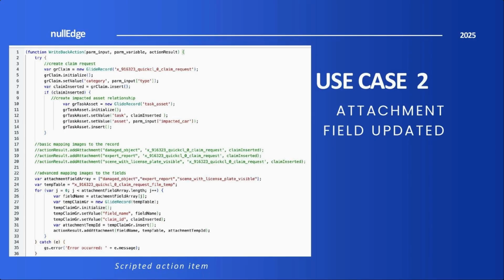Action result dot add attachment, field name, temp. Field name is the name of the mobile input, the first parameter. The second parameter is the name of the target table, and the third parameter is the name of the target glide record.